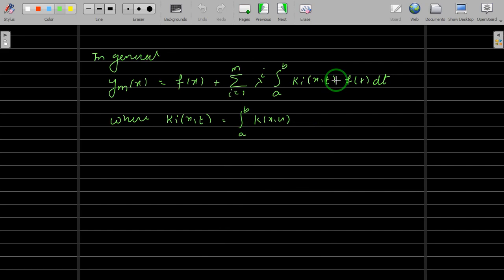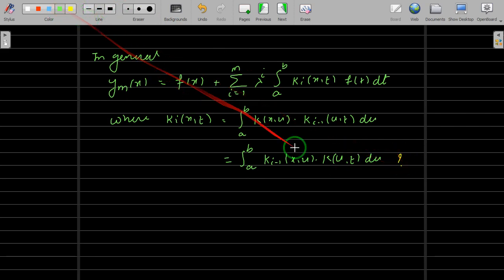So k_i will be k of x comma u into k_(i-1) of u comma t du, and this you can always write as integral a to b k_(i-1) of x comma u k of u comma t du.